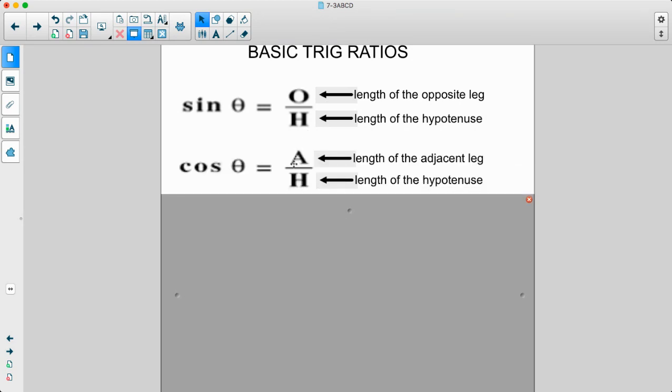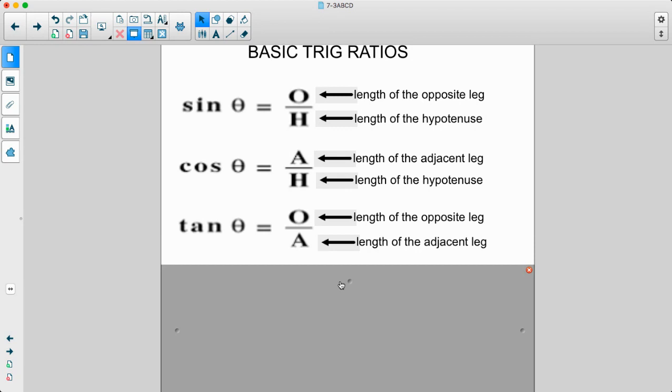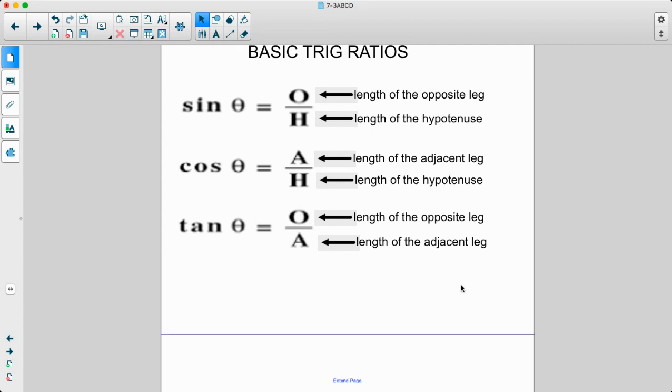The cosine of an angle is the same decimal you'd get if you take the length of the leg adjacent to that angle and divide it by the length of the hypotenuse. And finally, the tangent of an angle is equal to the length of the opposite leg divided by the length of the adjacent leg, the leg right next to that angle. And these are the 3 trig ratios we'll be talking about in this course.